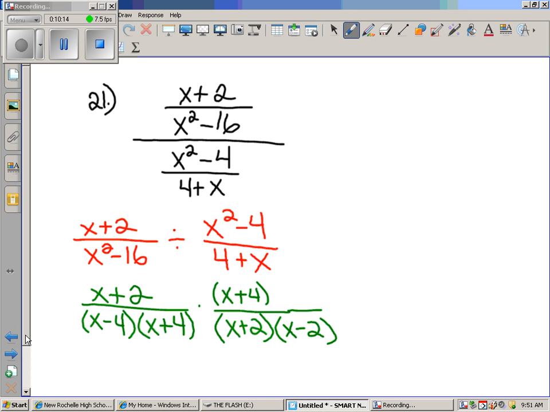Yeah. I moved through 2 steps at once. This, and this, and this, and this. And then the answer should be just 1 over x minus 4, x minus 2.